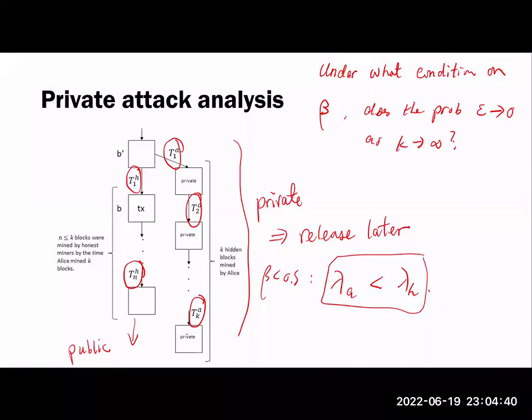Which means that all the honest power is mining on the tip of the longest chain, which basically assumes that every honest miner has exactly the same view as to where this tip is.